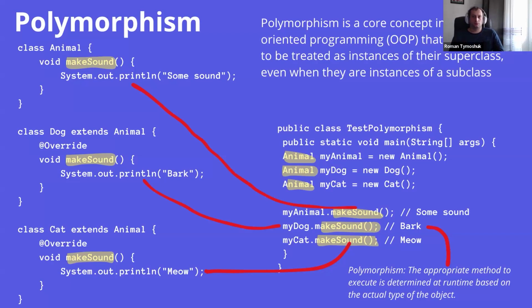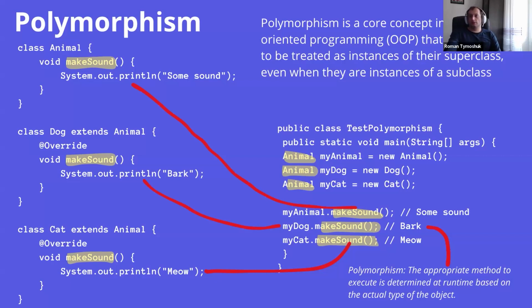Animal makes sounds, and it's a general implementation. It could even be abstract or placed in an interface, but we will talk about it a bit later. Class Dog and class Cat extend the Animal class and can override the method makeSound. Of course, dog should bark, cat should meow.